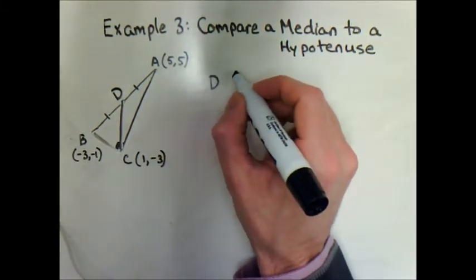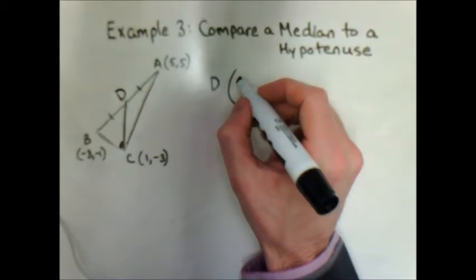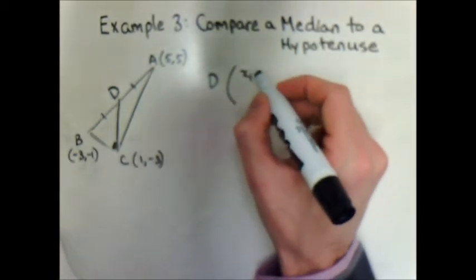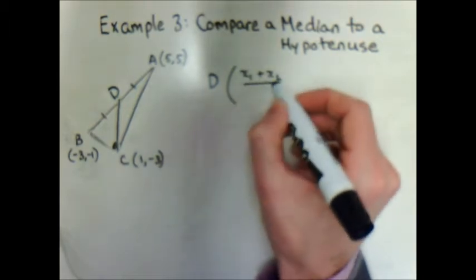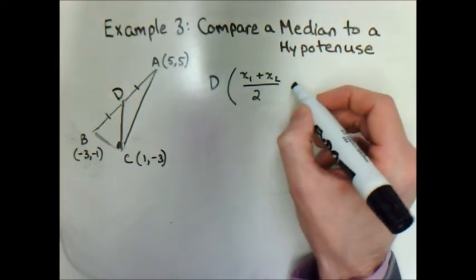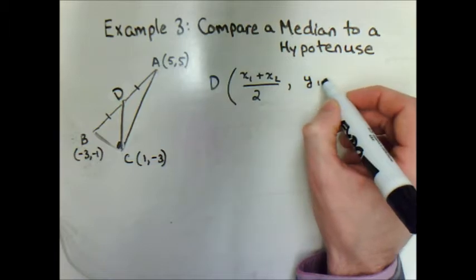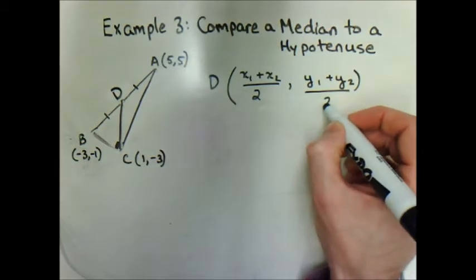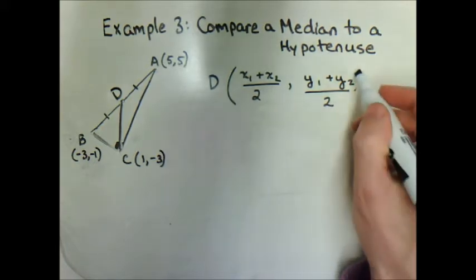D is the average of A and B, right? So we have x1 plus x2 over 2, and our y-coordinate is going to be y1 plus y2 over 2, and this should be a big bracket.